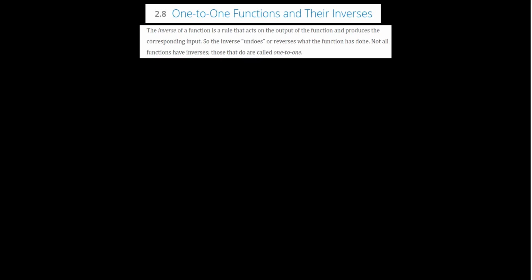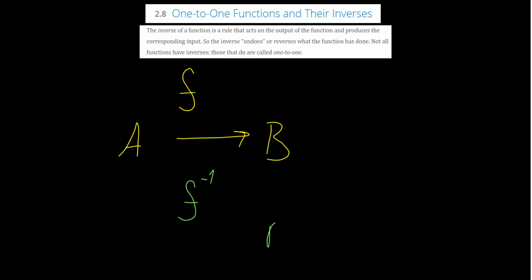So if we have some function, we're just going to call it f, and we take that function and we go from point A to point B, the inverse function will go from B back to A.